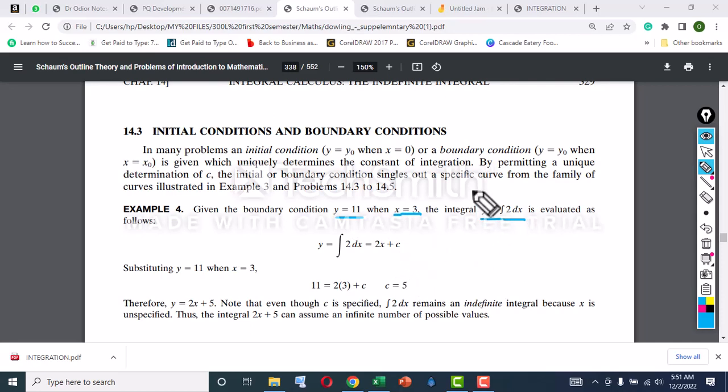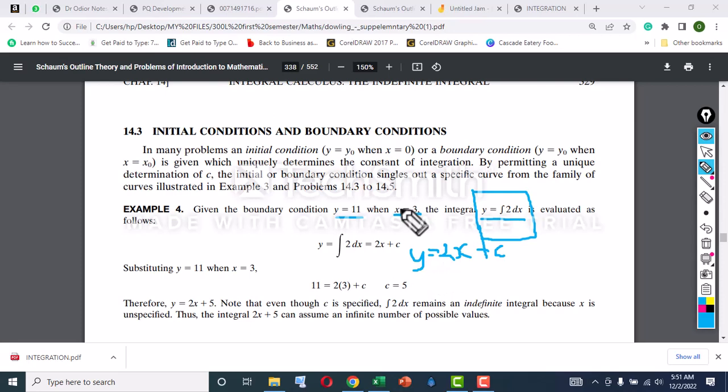How? The first thing you do is to integrate this first. Integration of 2, which is a constant, is simply 2x plus c. Apply your law of integration and you are going to get that. Once you get 2x plus c, remember this simply means y equals 2x plus c.